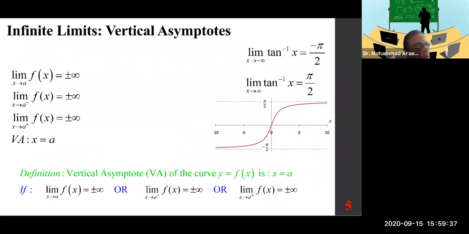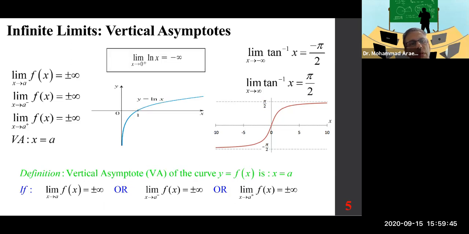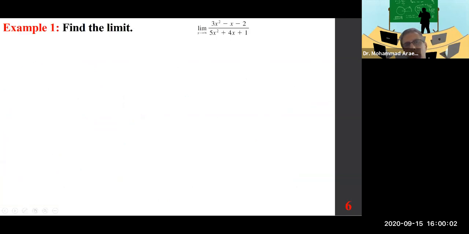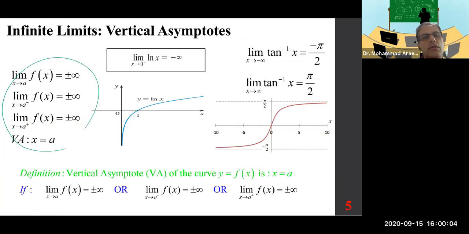All right, so now we are looking at more definitions. Again, you remember the vertical asymptote was discussed. Everybody remembers this was covered before. These are the vertical asymptotes. And we wrote that in this case, the vertical asymptote is x equals 0.